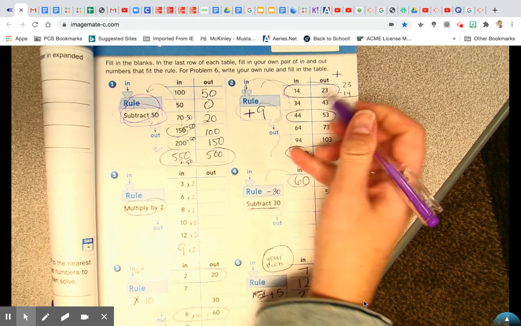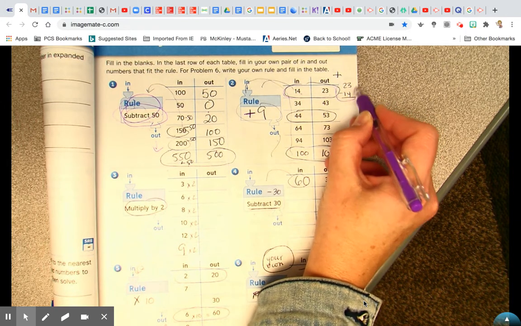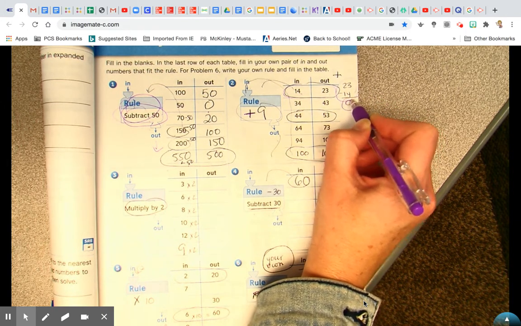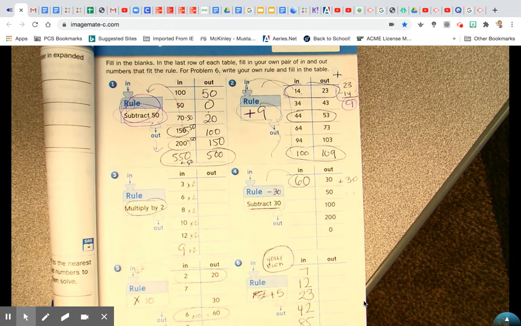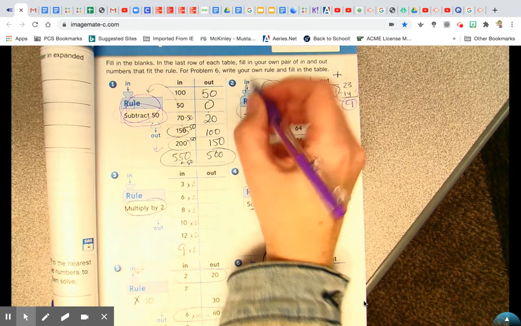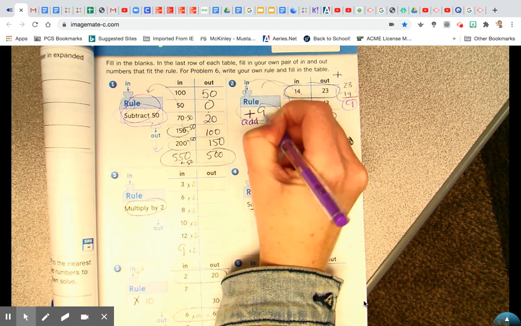Some of us subtracted to figure out what I was adding. Some of us counted up from 14 to 23: 15, 16, 17, 18, 19, 20, 21, 22, 23. And that is 9. So we know that we're adding 9.